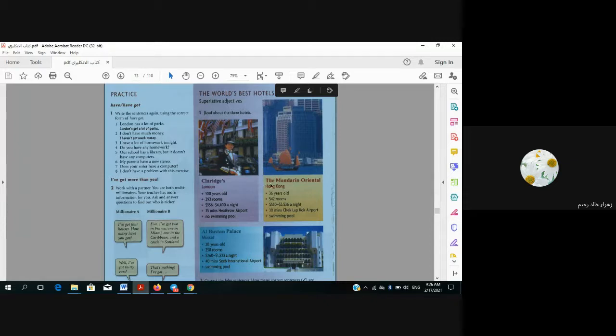And there is the Mandarin Oriental Hotel, which is in Hong Kong. It's newer than the Carledge London. It's 36 years old. It has 542 rooms, and a night costs 530 pounds. 30 minutes to Chek Lap Kok Airport, and it has a swimming pool.